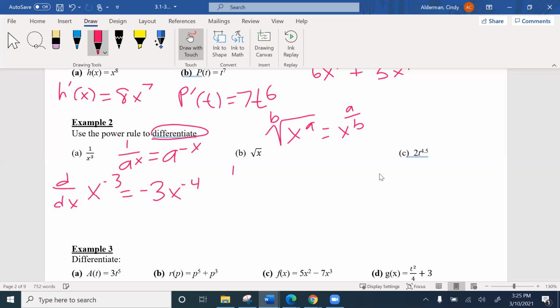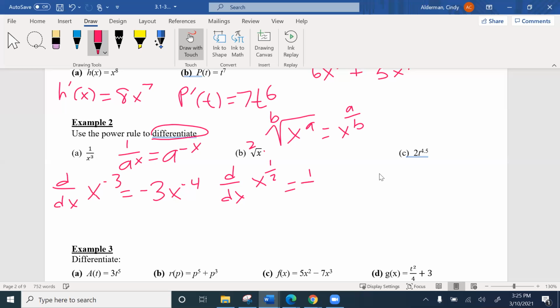Square root of x would be x to the what power? You're very close. What did you say? 1/2, yeah. The reason why it's 1/2 is because the exponent is 1 on the x, right? The index is implied, but it is a 2. So we're going to say x to the 1/2 power.